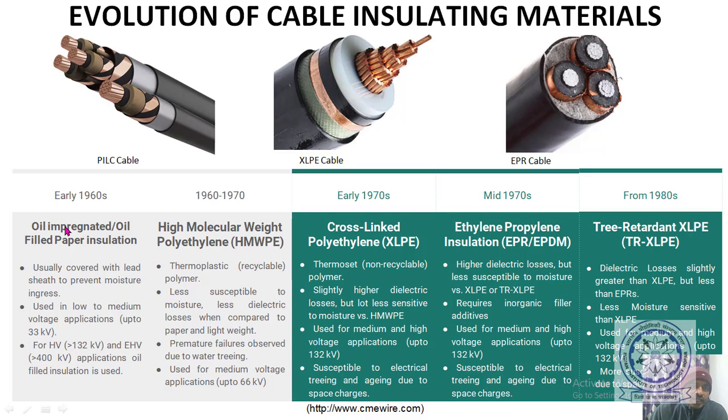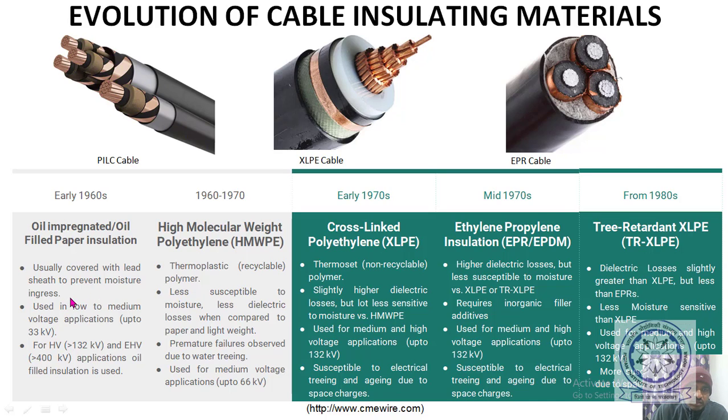So, in the early 1960s, oil impregnated or oil filled cable insulation. This is actually the first cable system. Usually covered with lead sheath to prevent moisture ingress.